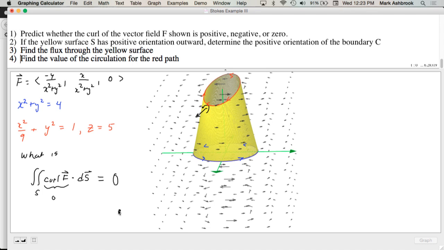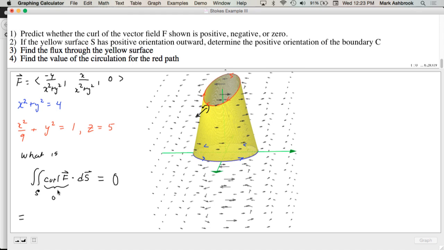What's the key here? Stokes theorem. What's Stokes theorem? That the circulation around both of those curves is equal to the flux of the curl.